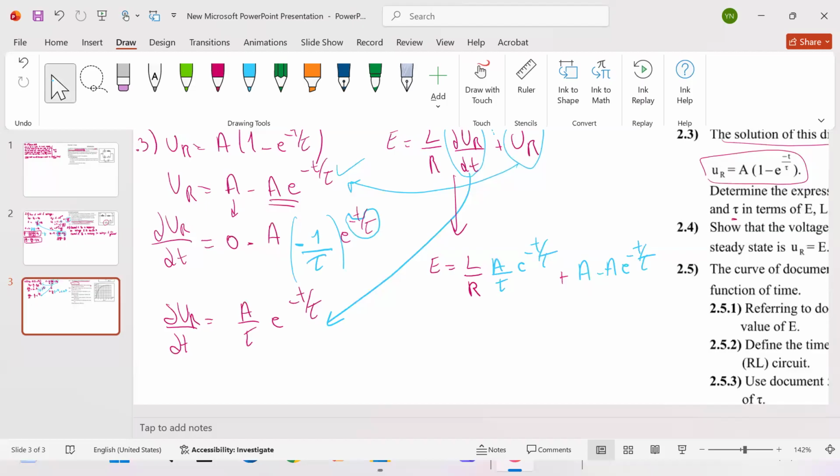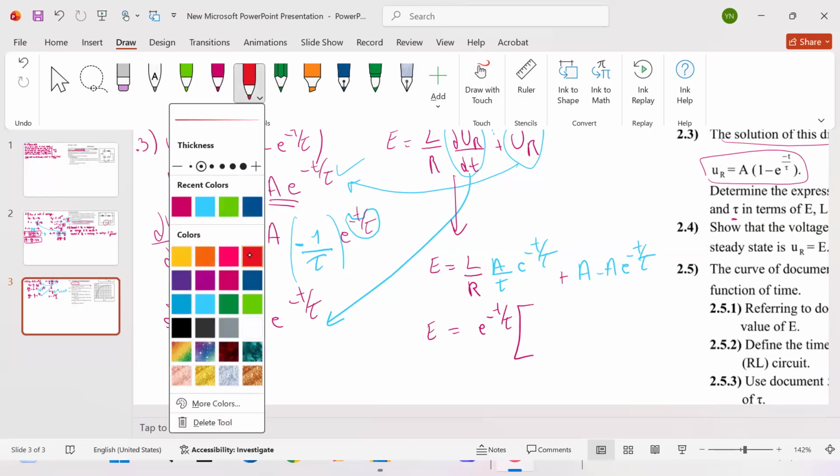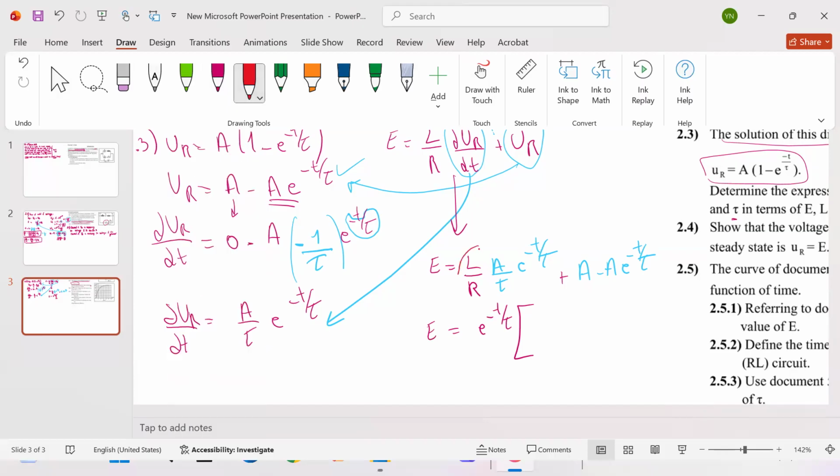Okay, fourth step, we have to take the exponential as a common factor. So I have to take e to the minus t over tau as a common factor, and I open a big bracket. The terms that have exponential are the ones in red. This term here has exponential, and this term here has exponential.